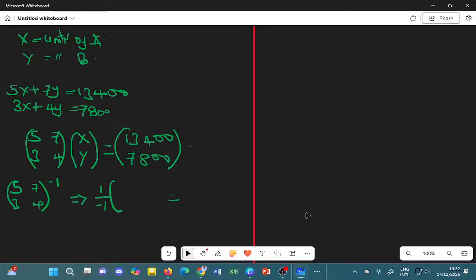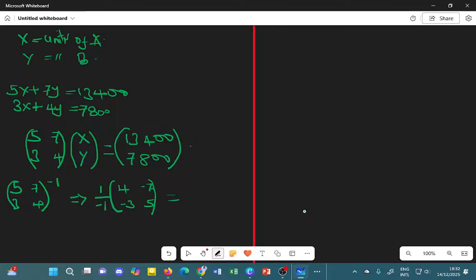So we change these entries here so that 4 is here, but here now we have negative 7. We give them different signs. We switch the other ones, but for these ones we add the negative sign. It will be something like this: 4, negative 7, negative 3, and 5.